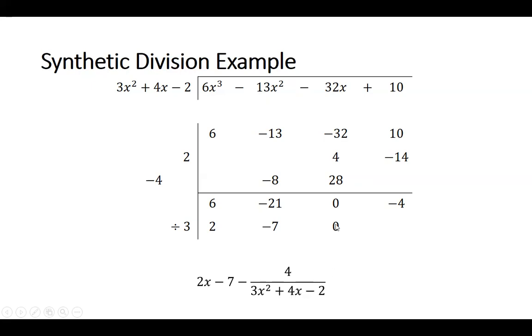Obviously, we don't write in the 0x, so we just say minus 4 over 3x squared plus 4x minus 2. Once you get down to that constant term, whatever's left, however many terms it is, must be the numerator of your final rational fraction here. So you have negative 4 over 3x squared plus 4x minus 2.